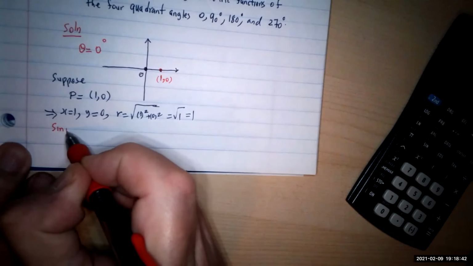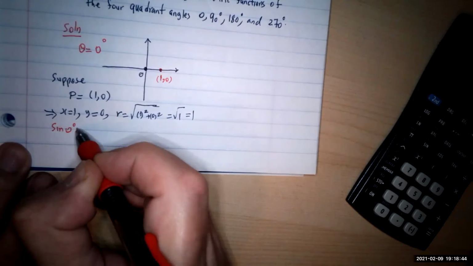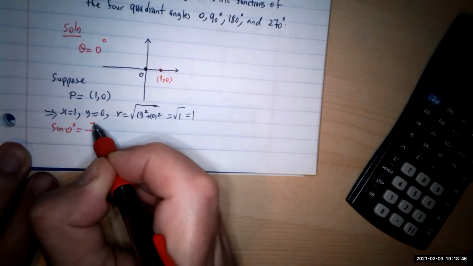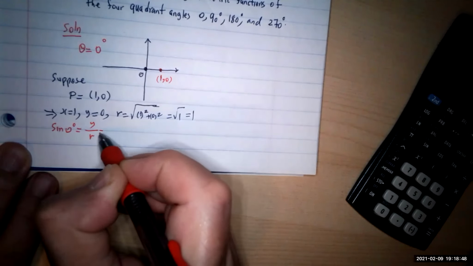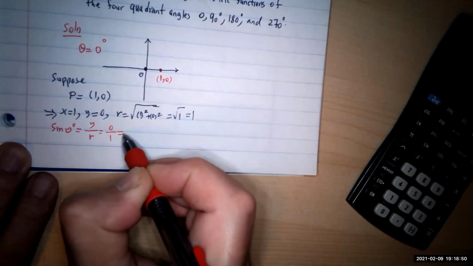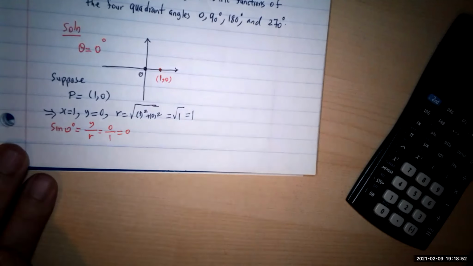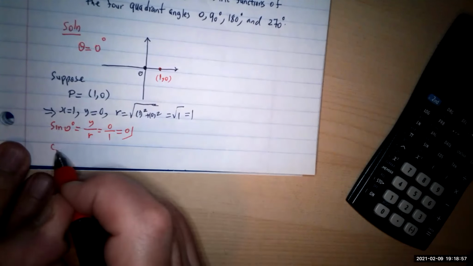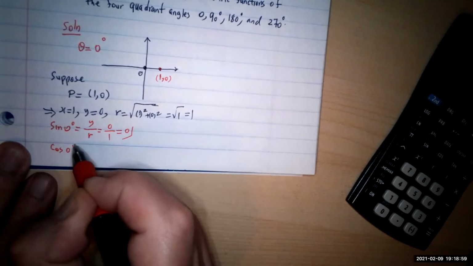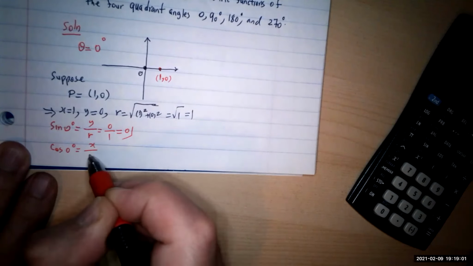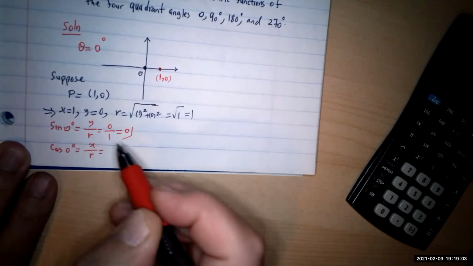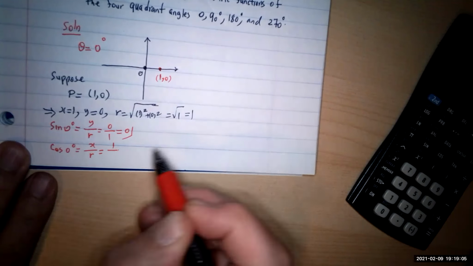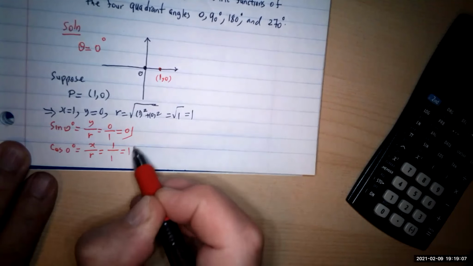The sine of 0: remember the sine is y over r, which is 0 over 1, equal to 0. So the sine of 0 is 0. If you want to find the cosine of 0, cosine is x over r. x is 1, r is 1, so the cosine of 0 is 1.